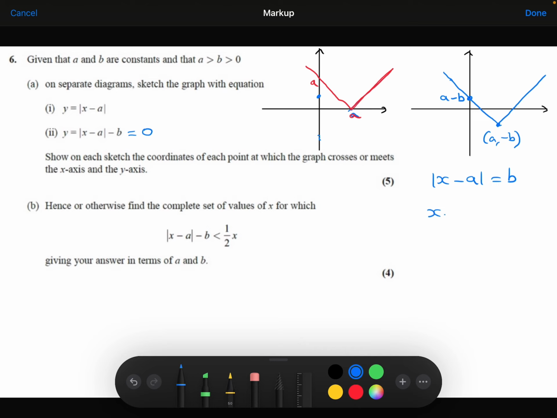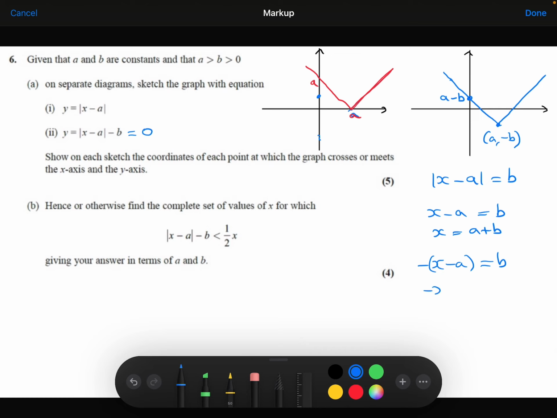So either x minus a equals b, or minus x minus a equals b. So the first equation just gives me the solution x is equal to a plus b.